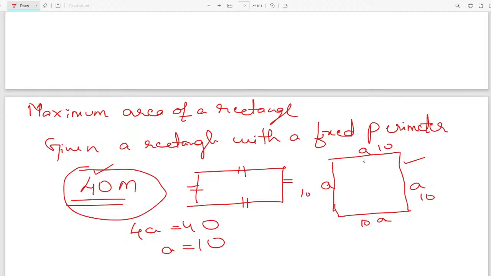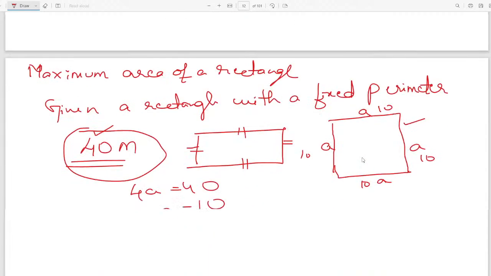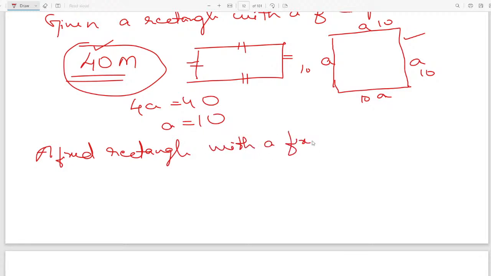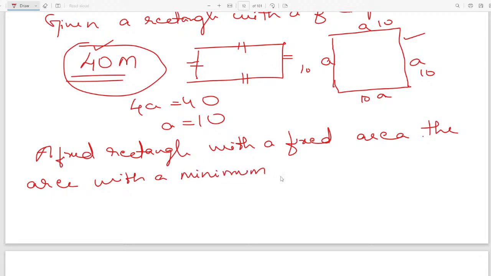And the corollary is the minimum perimeter. If they have given a rectangle with a fixed area, the rectangle with the minimum perimeter is a square.